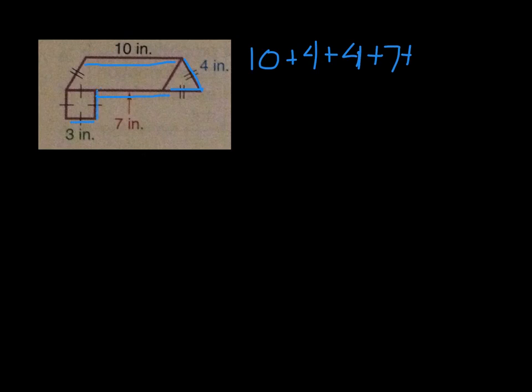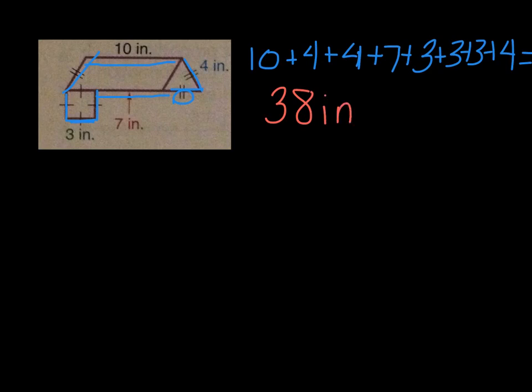So I've got 1, 2, 3 sides that are 3, so plus 3. And now this last section here is congruent to these with the double dash, so that's also 4 inches. Now I just need to add those together, and when I add them all together, I get 38. So 38 inches would be the perimeter of this shape.